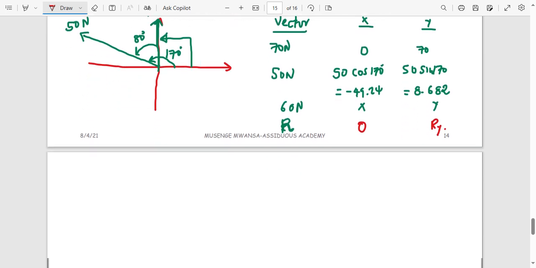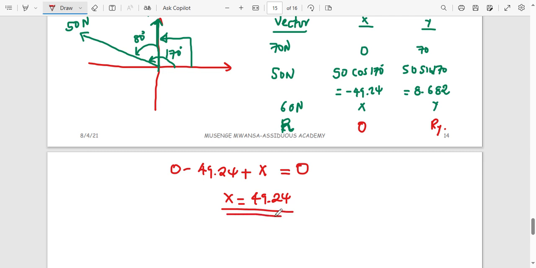So if we add the x components, that is 0 plus negative 49.24 plus this x, it should give us a resultant of 0. This tells us that x is actually 49.24. This is the x component.